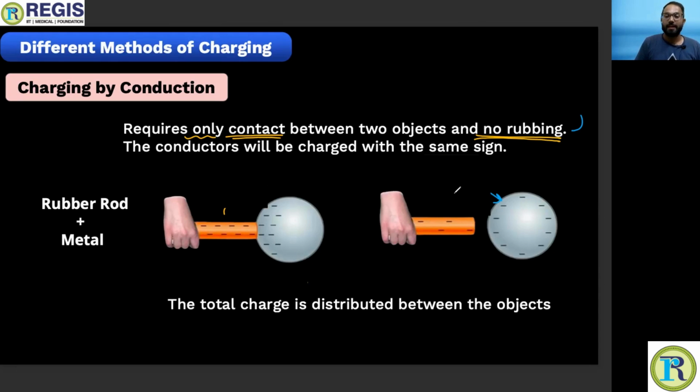But finally, both are carrying the same sign and equal charge on both the objects. Clear? So we can say the total charge is distributed between the objects.